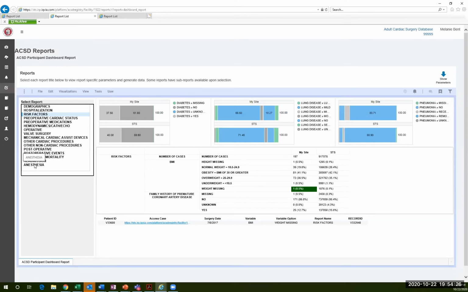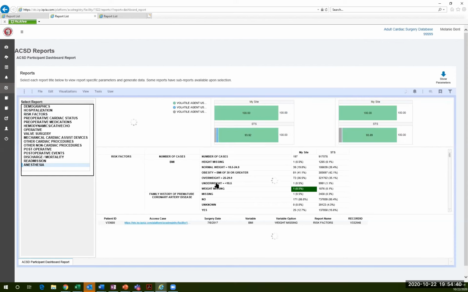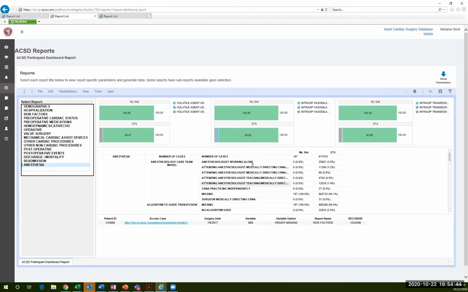So you'll see that it's available here, but those sites that are not participating actually would not see that. I'm in a test system, like I said before. I'll go ahead and show you that the section is available, but I don't have information populated specifically for anesthesia. But if I did, of course, this section would be populated based on what was entered on the data collection form.